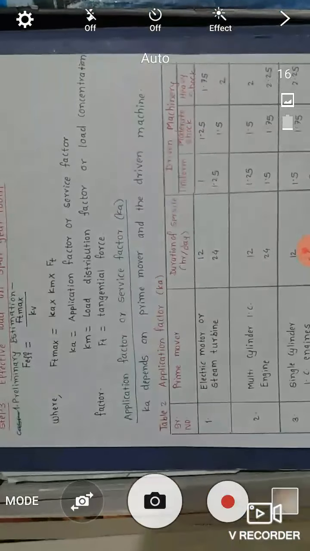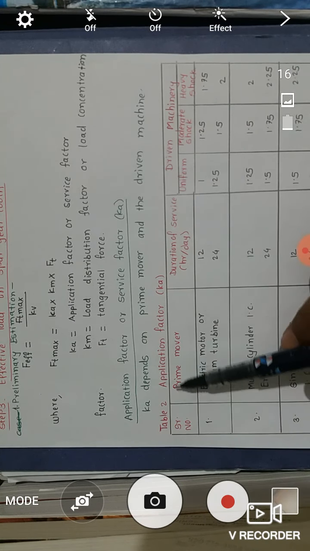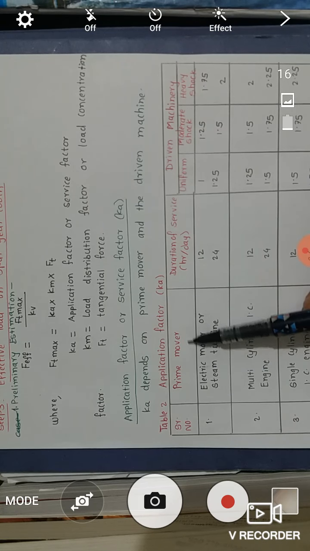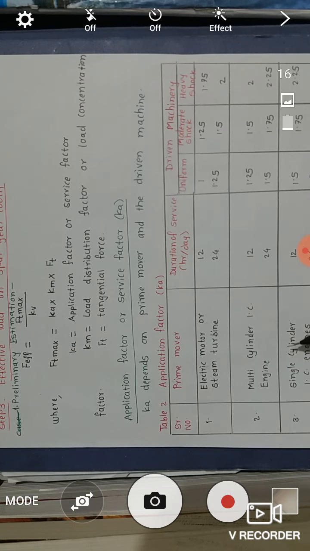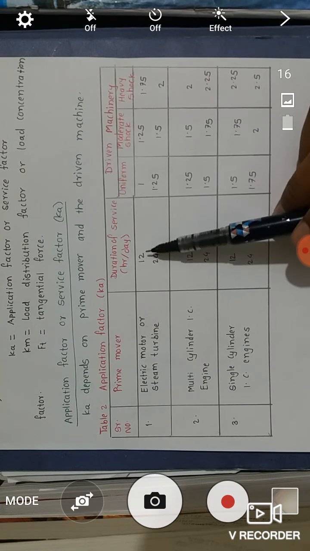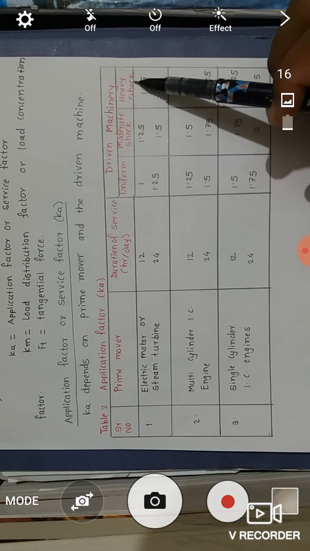For calculating the application factor or service factor, actually two tables are required. This is the first table, number second, that is application factor K. Here the headings are prime mover, which type of prime mover we use for transmitting the rotation, then duration of service, that is hours per day, and driven machinery, that is uniform, moderate shock and heavy shock.